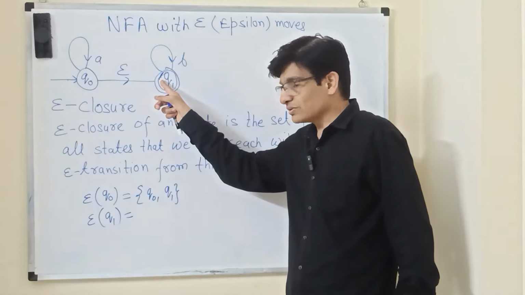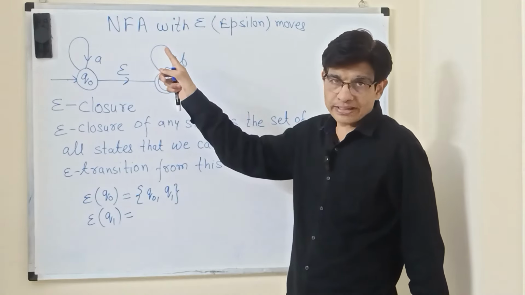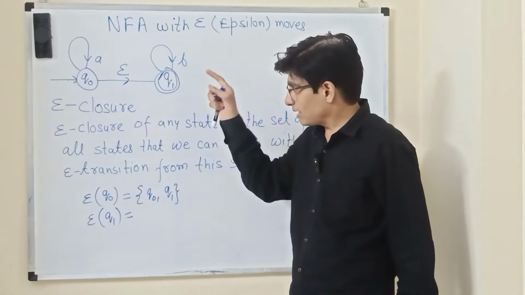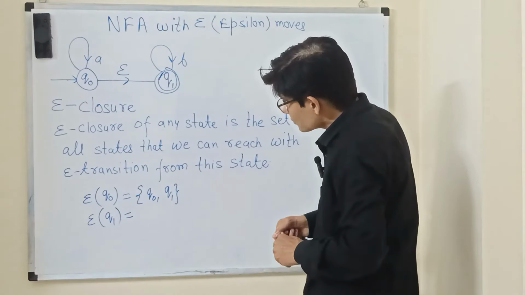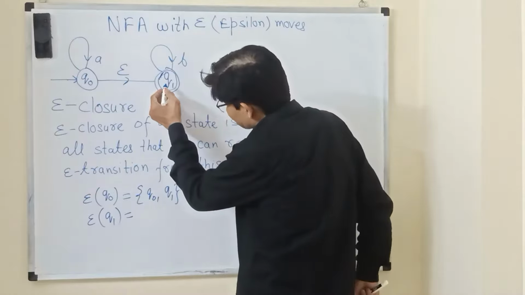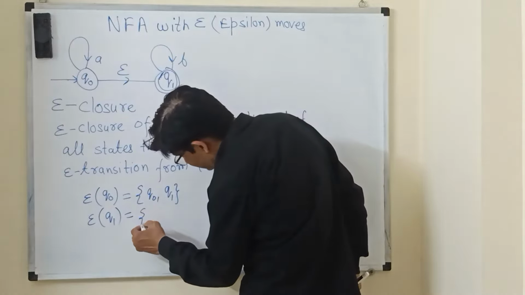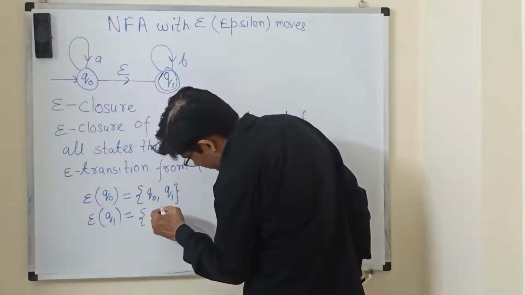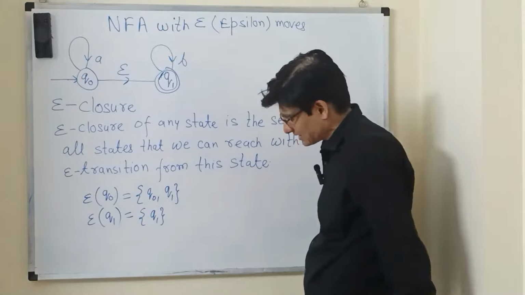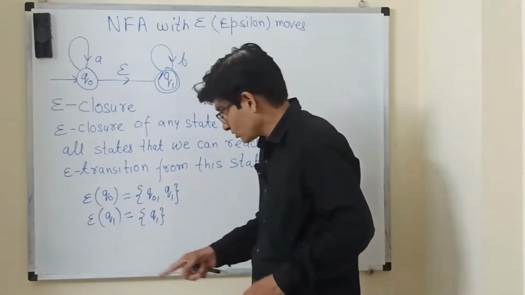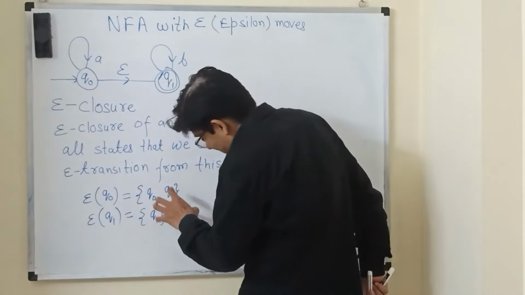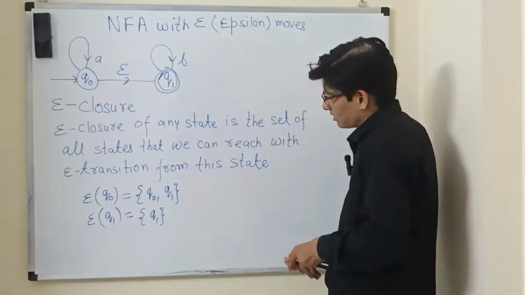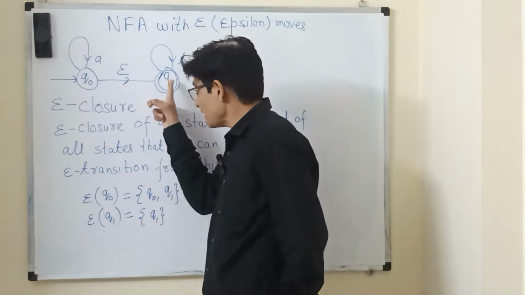So we can only stay on Q1 itself without using any input. So that would be the only state in epsilon closure of Q1. So these are the epsilon closures of both the states Q0 and Q1.